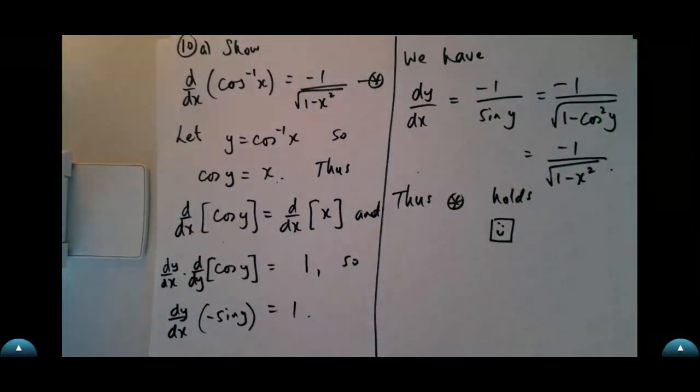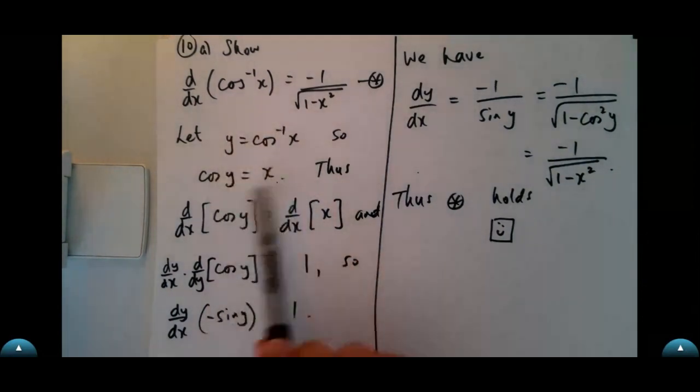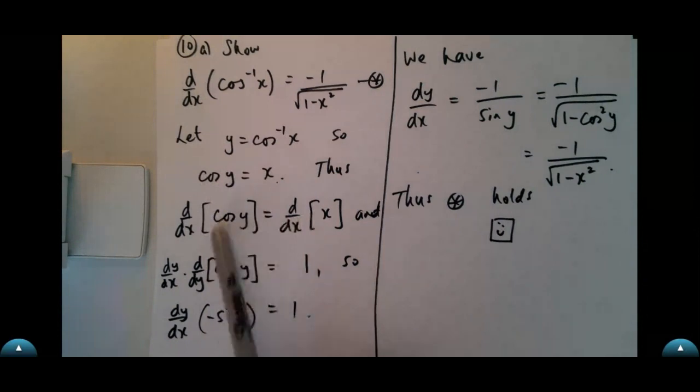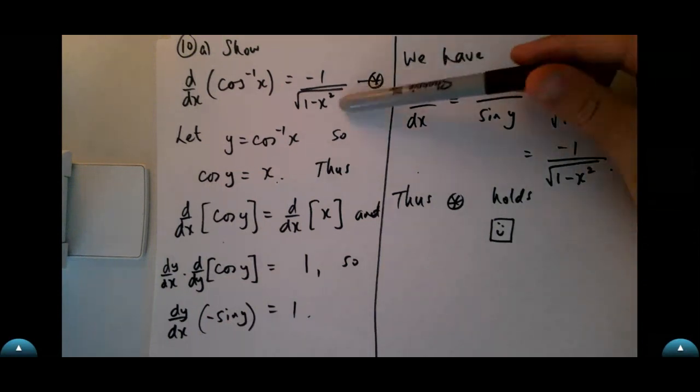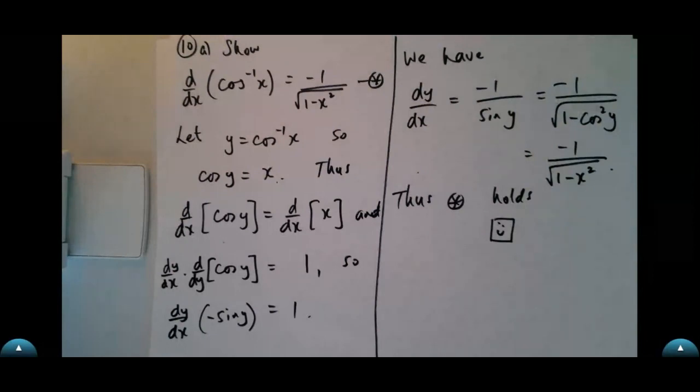Okay, so you can see that, first of all, we sort of simplified the notation, moved things around, and then used implicit differentiation or the chain rule, whatever you want to call it. Finally, we had to get back to what we started with. So we wanted to get from this y expression back to something involving x.